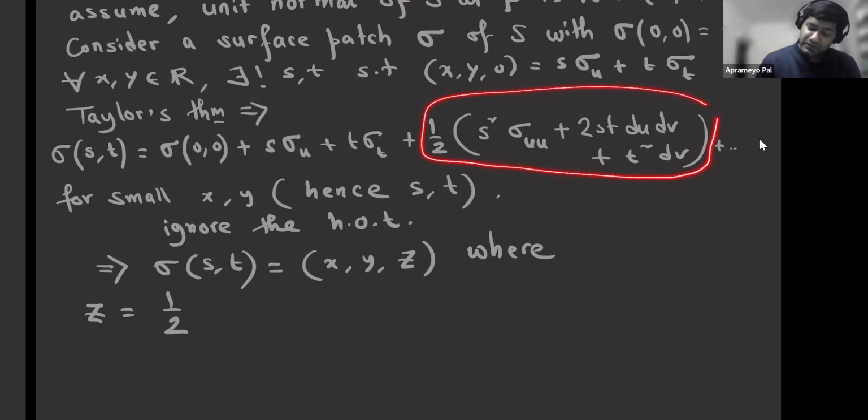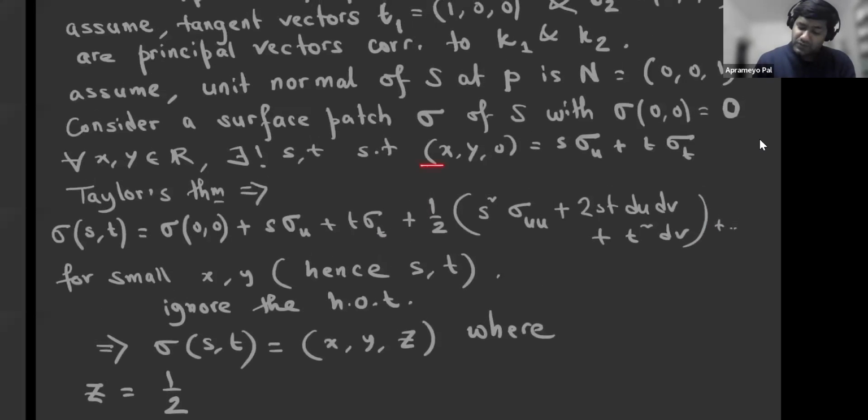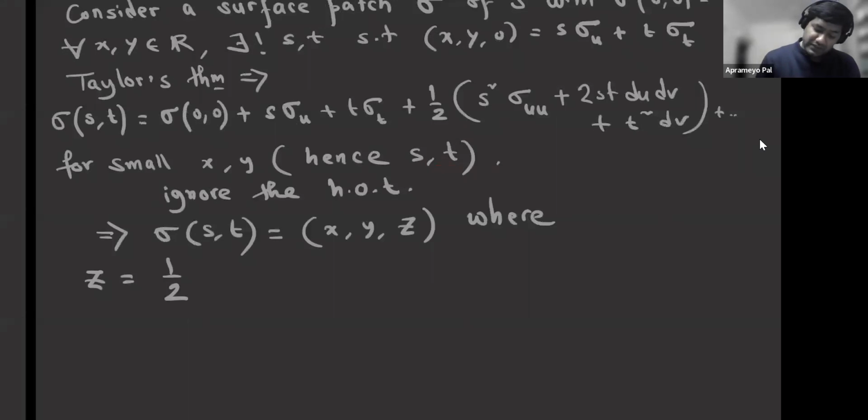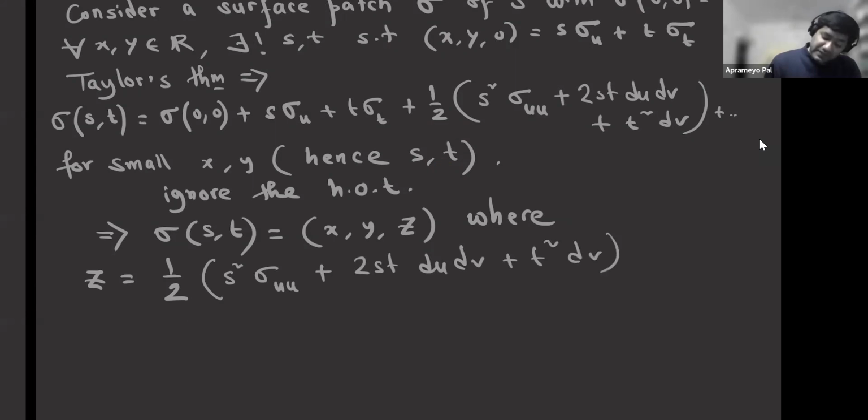So the (x, y, 0) part is what you are getting, and z you are getting essentially as half of (s square sigma_uu plus 2st sigma_uv plus t square sigma_vv).